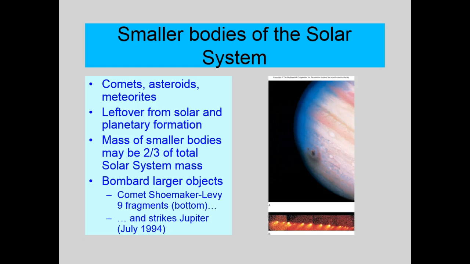Now, this is a statement that, if taken just at face value, you might misinterpret. It says here, the mass of the smaller bodies may be 2/3 of the total solar system mass. Now, if you took that at face value, that would say 2/3 of the total solar system mass.